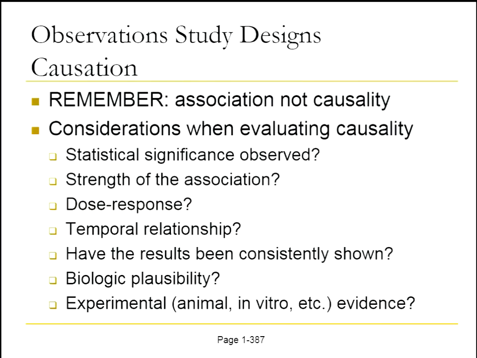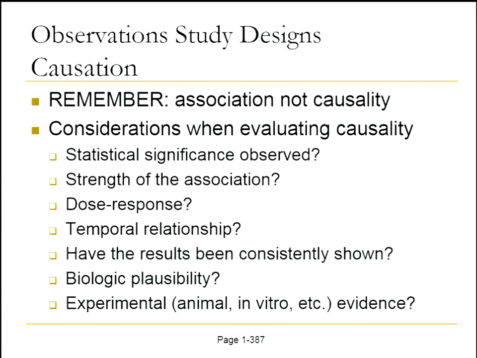So for observational studies, just to highlight and remind you, I know you can look at this book and there'll be questions about causation in case control studies. Remember, we're looking at observations, we're looking at associations, not causality. So what are some factors that may help us figure out whether or not there is some causality associated with this factor?